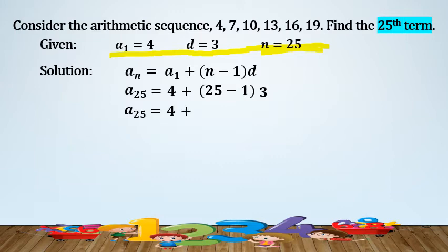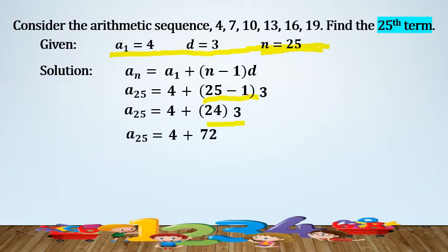Uunahin natin itong isimplify yung nasa parentheses. So, 25 minus 1 equals 24 times 3. A sub 25 equals 4 plus. Ito naman ngayon, 24 times 3.